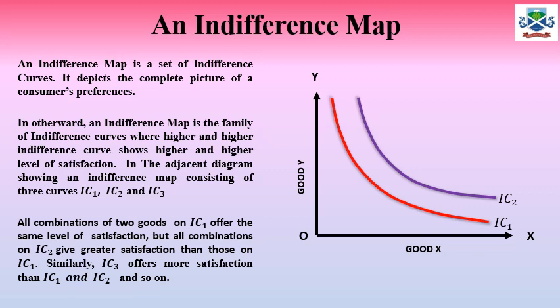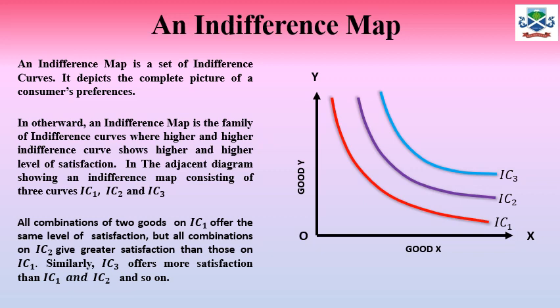IC1 shows a lower level of satisfaction as compared to IC2 and IC3. IC2 gives you a higher level of satisfaction as compared to IC1, but lower than IC3, whereas IC3 gives you a higher level of satisfaction as compared to both IC1 and IC2.